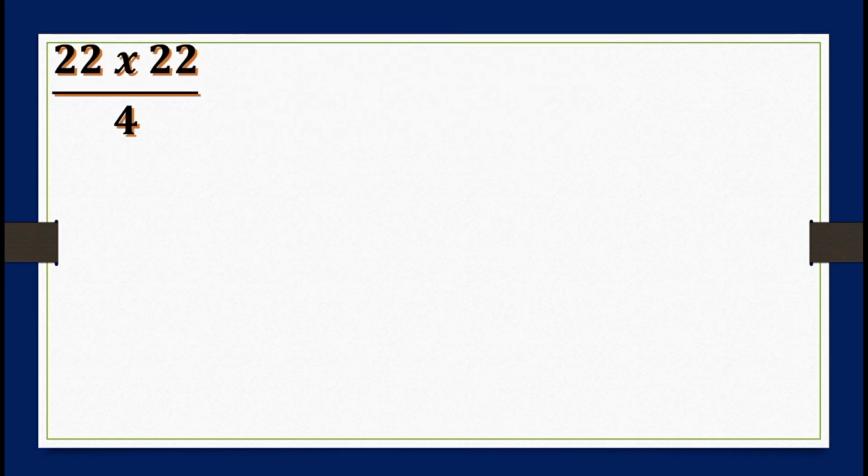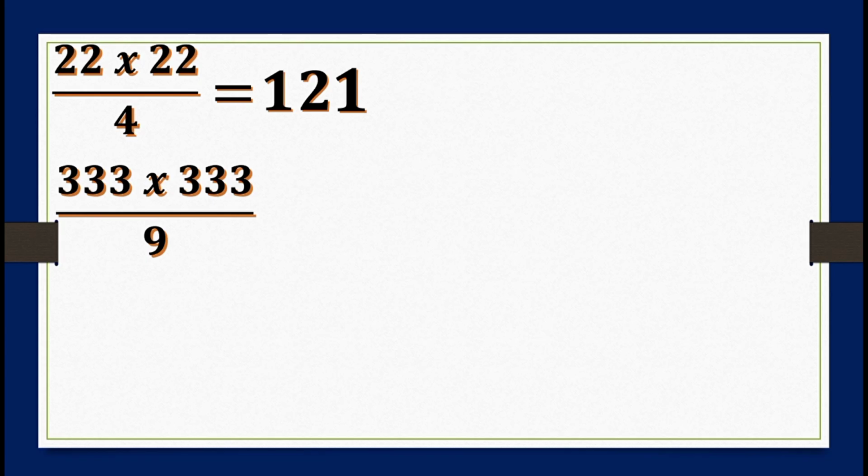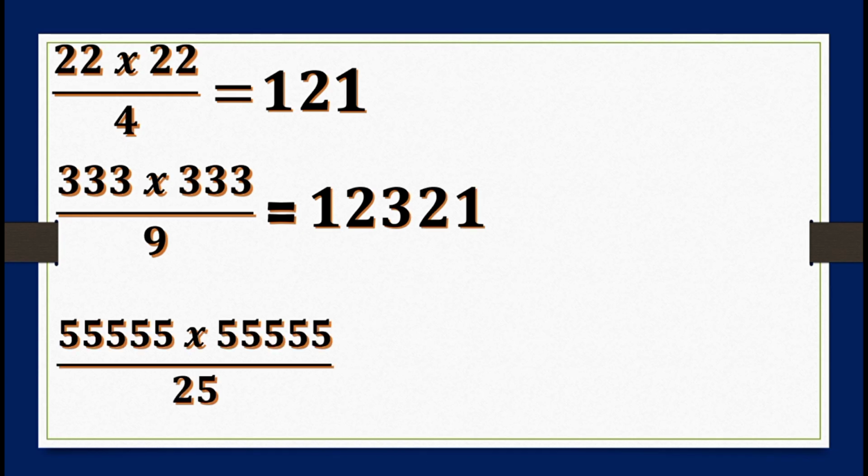22 times 22 all over 4 equals 121. 333 times 333 divided by 9 is 12,321. 55,555 times 55,555 divided by 25.